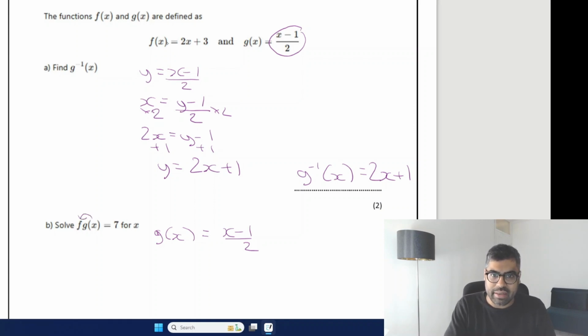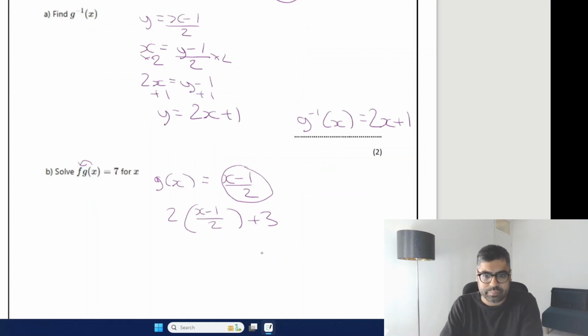Now function f is 2x plus 3. So we need to put our answer for here into function f. So let's do that. So we have 2, and then we're going to substitute in the x minus 1 over 2, plus 3.